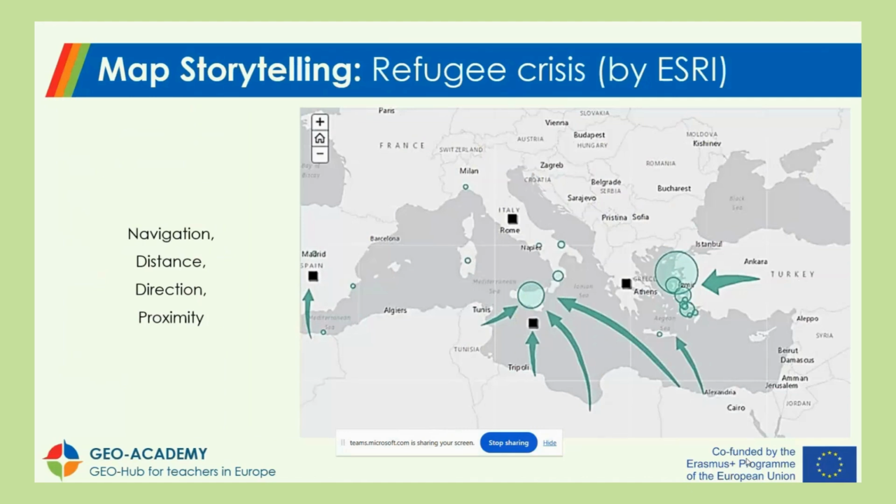Another GeoConcept, map storytelling. Here we see how we can map the refugee crisis using GIS tools. Here we are using ArcGIS Online, and we are creating our own stories on how people moved and traveled from their respective countries.